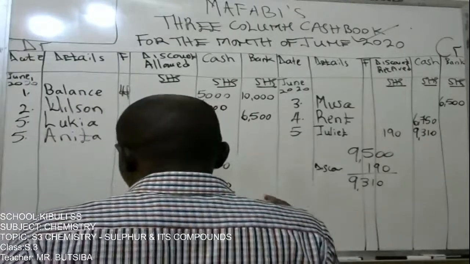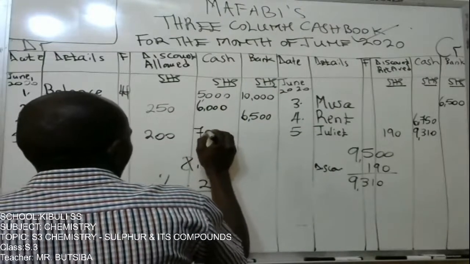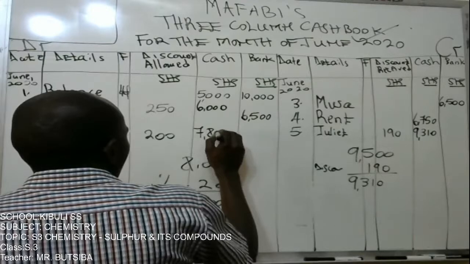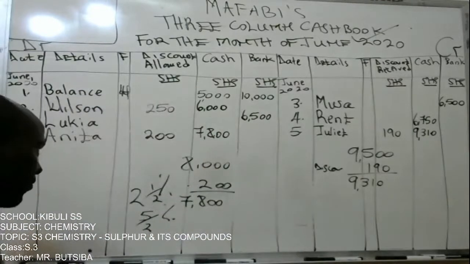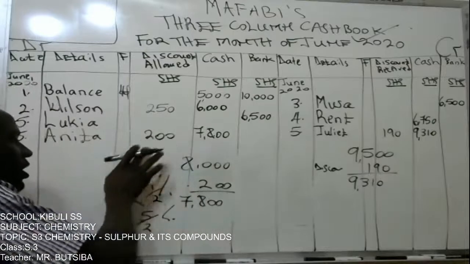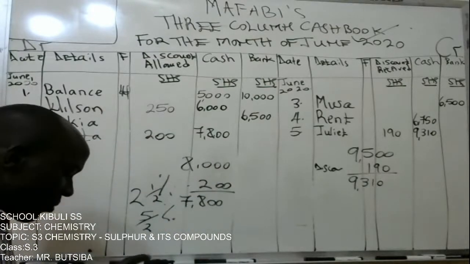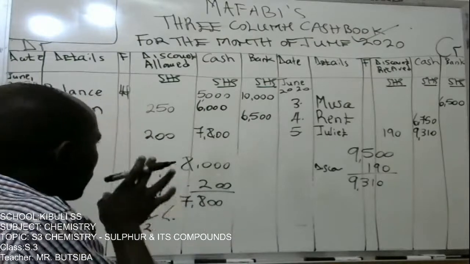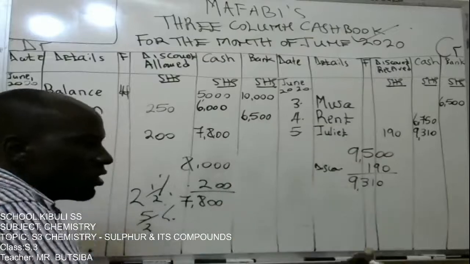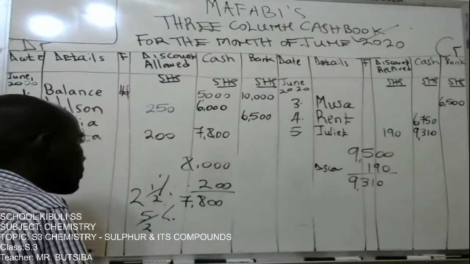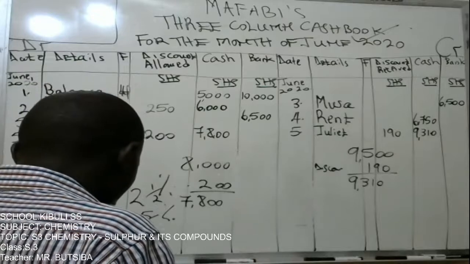And because it was by cash, that means our cash column is going to gain 7,800 shillings. That is the amount we received from Anita. Plus the discount, then it goes back to 8,000 shillings. Okay, so you just need to know how do you calculate the discounts, then how do you post the discounts in the ledger. That's all you need when it comes to the 3-column cash book.